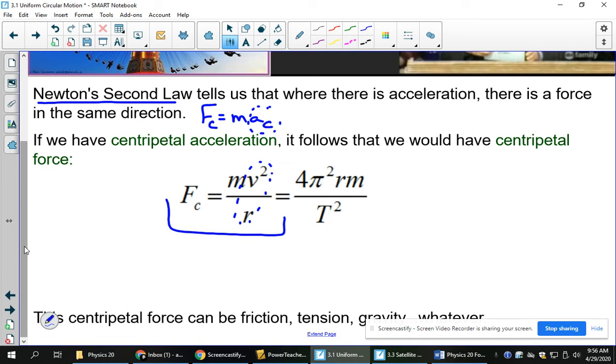It's just a substitution of centripetal acceleration into F equals ma. Another one that we're going to use over here comes up when we start talking about satellites in the next lesson.